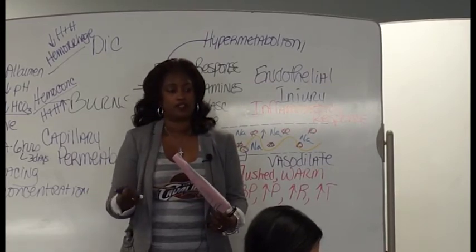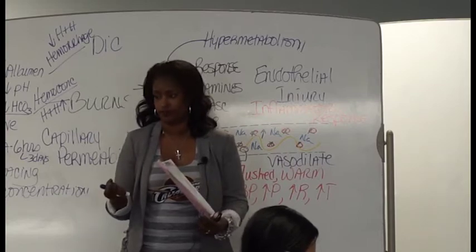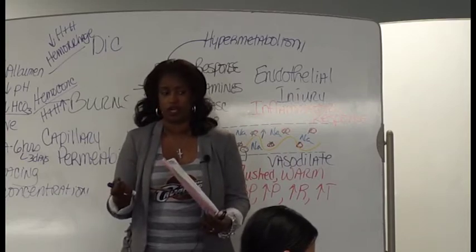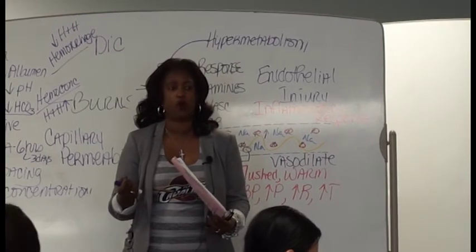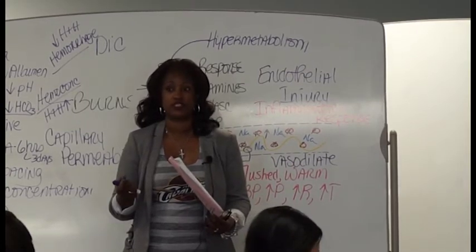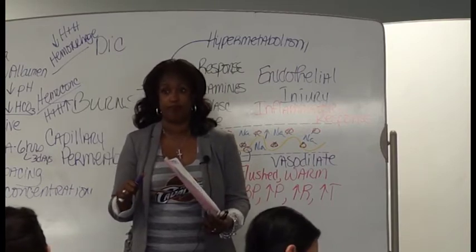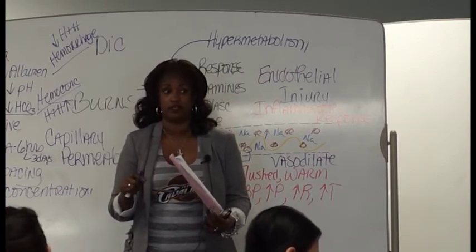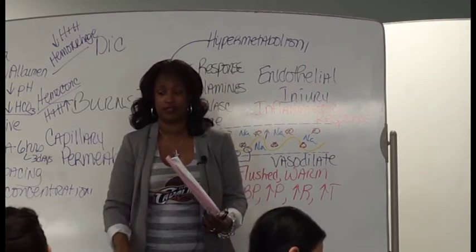Why are they diuresing? Because you gave them so much fluid. What did I say when you pee? You get rid of what? So potassium is now low. Potassium is low during the acute phase. That's a big deal.